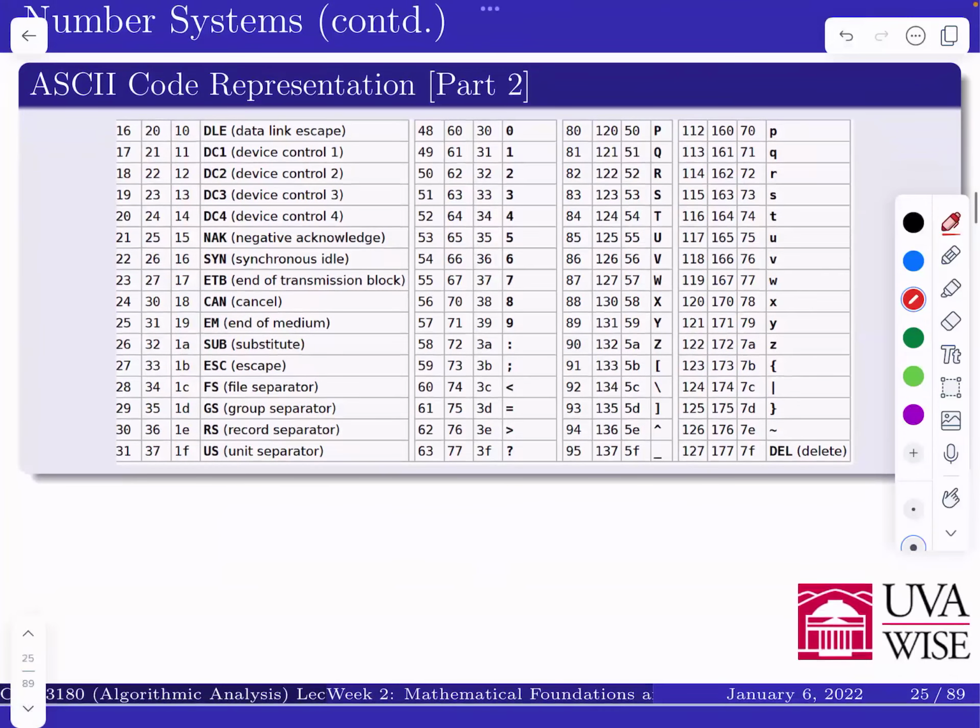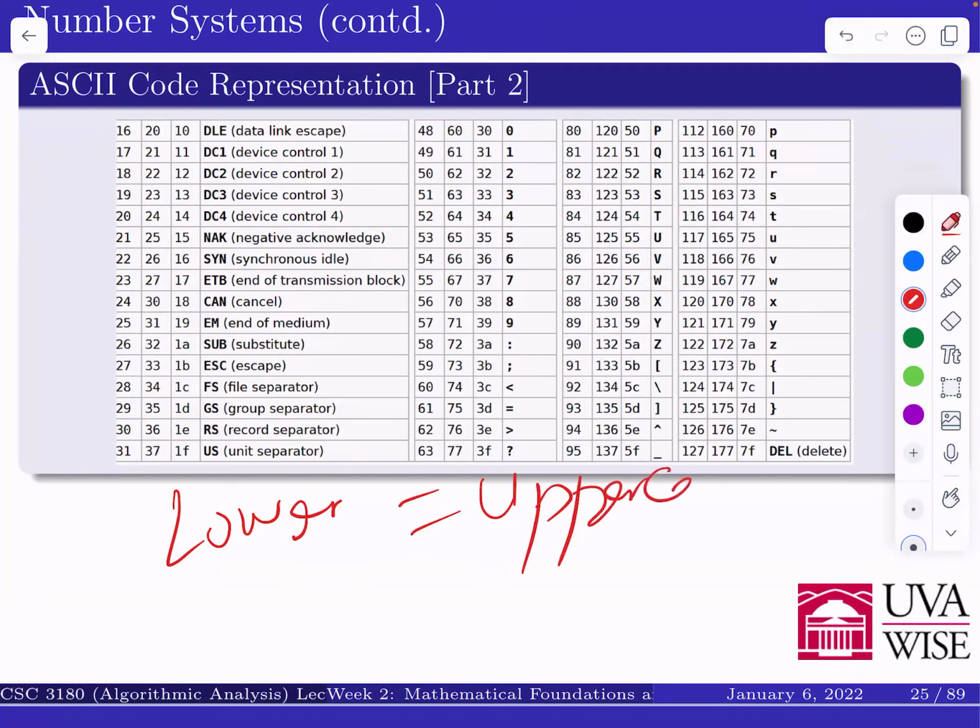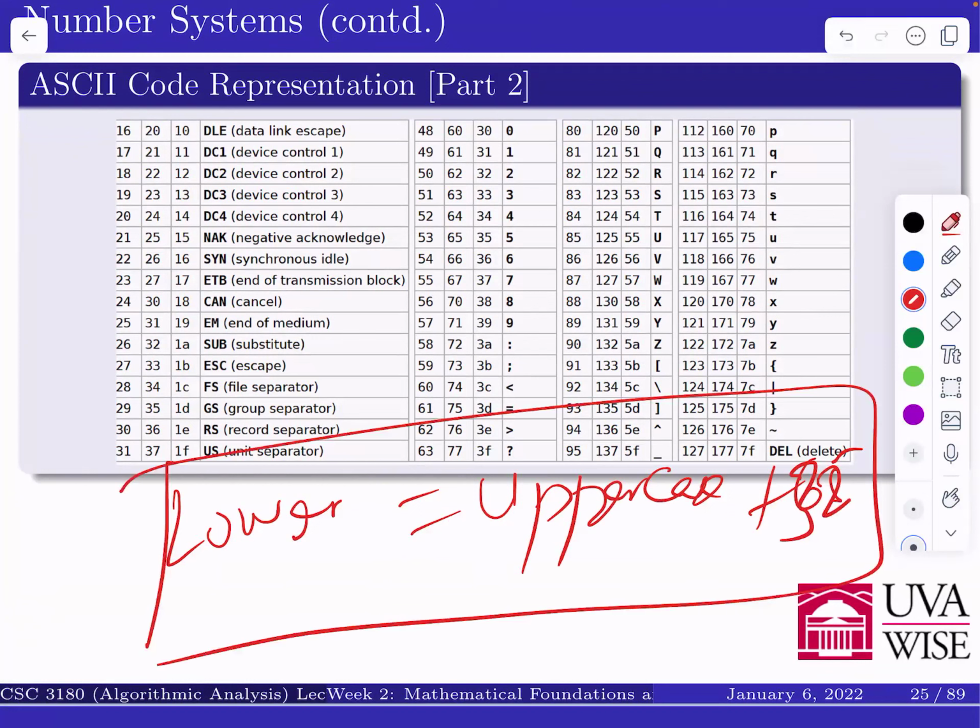So take notes. The ASCII code for lowercase equals uppercase plus 32. Look at this formula. So uppercase A, the ASCII code is 65.